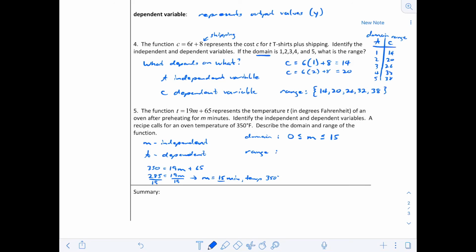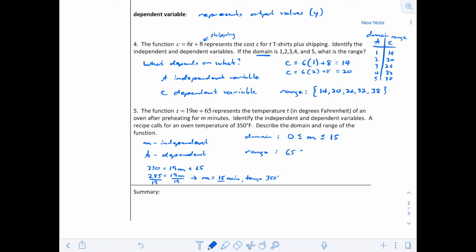The range, again, is the output. And there's a couple ways to think about this. One is, as I talked about earlier, 65 degrees is the resting temperature of the oven. It's the lowest temperature it's going to reach. But the reason I know that specifically is because the smallest number in my domain is 0. And if I plug 0 into that equation, 19 times 0 is 0, plus 65 gives me 65.